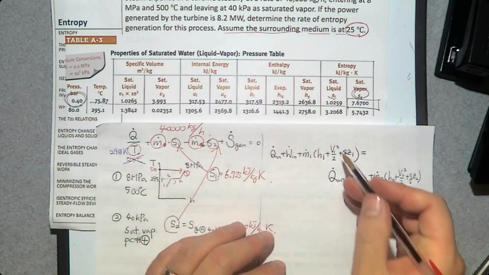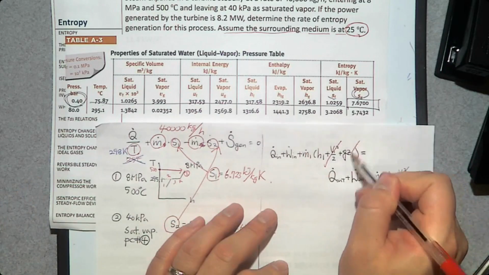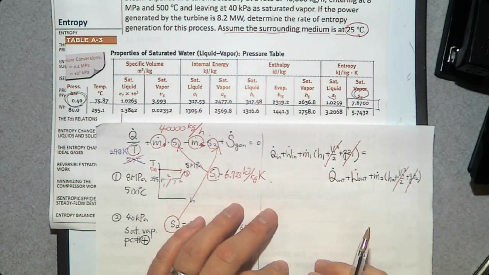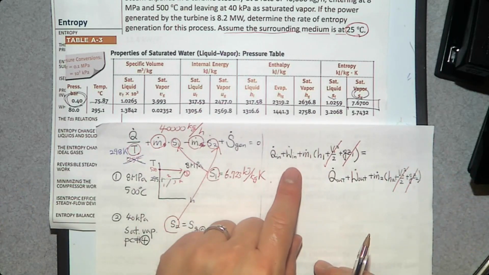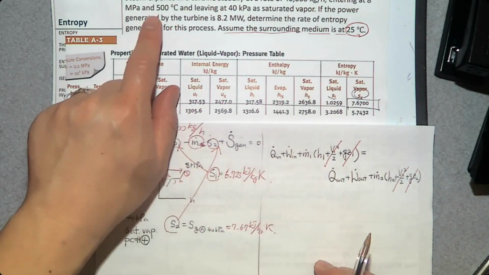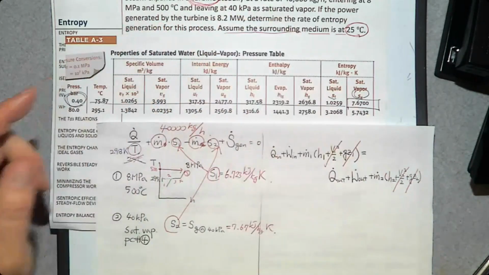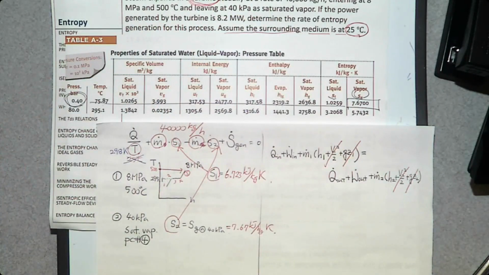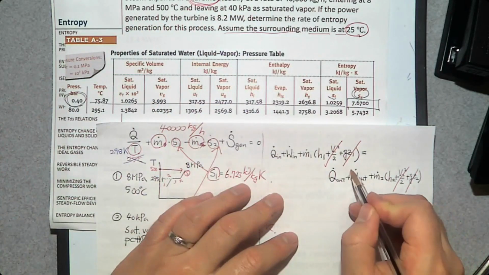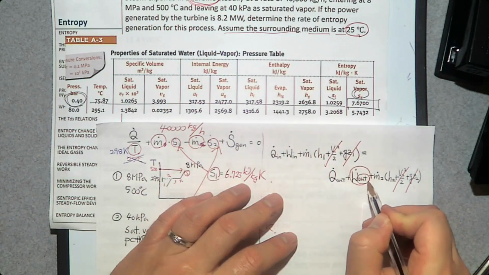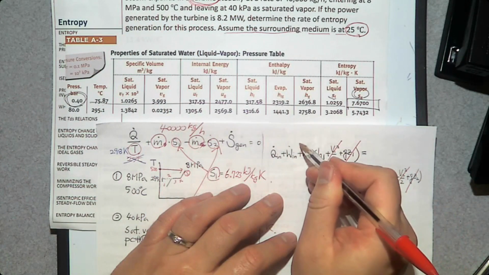So we can neglect kinetic energy change and potential energy change. Is there energy transfer by work? Yes or no? Yes, it's a turbine. What does a turbine do? It produces work. So there's a W dot out. Does it consume work?